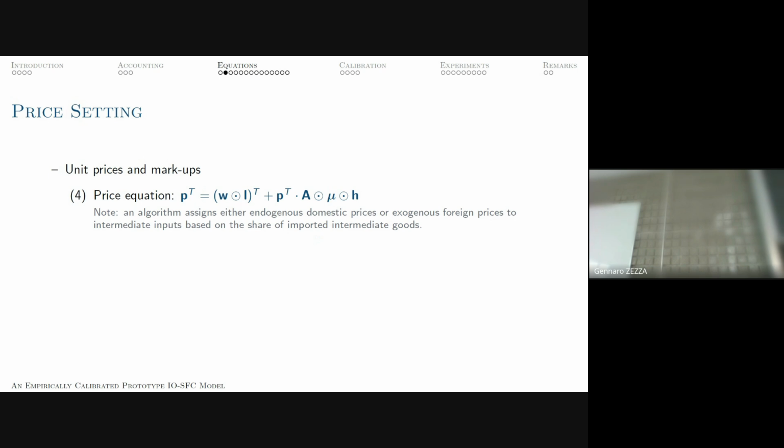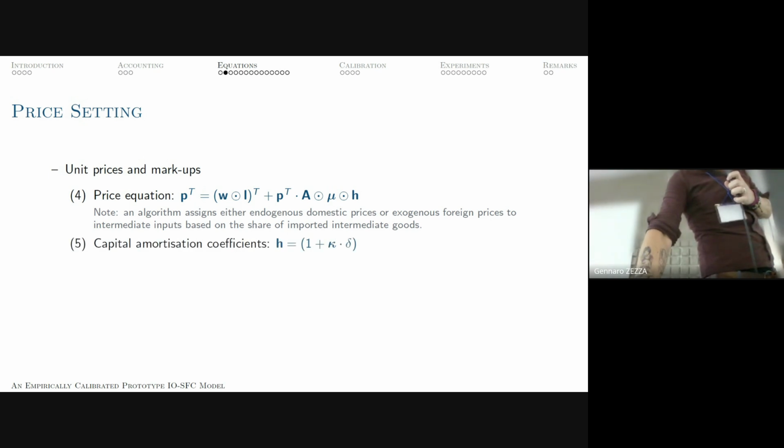So there is this algorithm that allows taking into consideration the fact that some of these inputs actually come from the rest of the world, and so you have to calculate that in different ways. Prices are different.